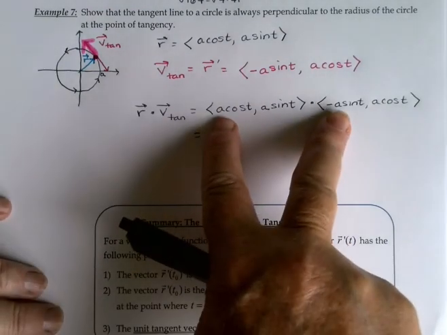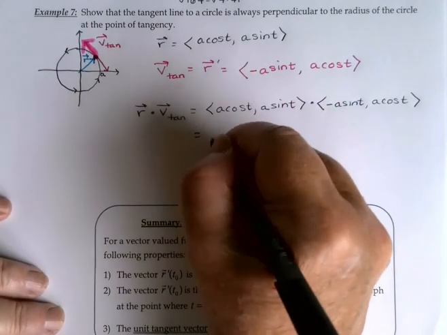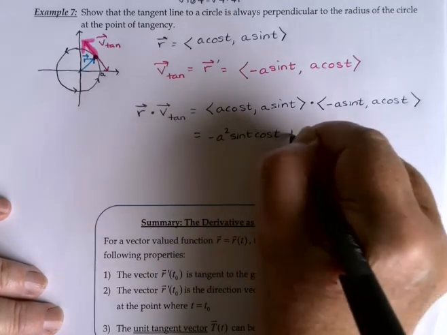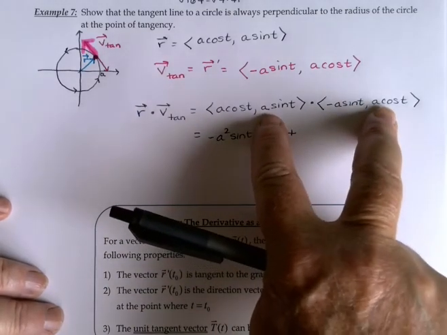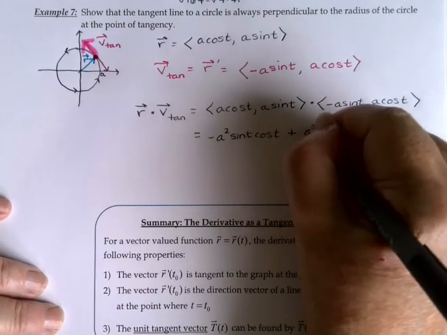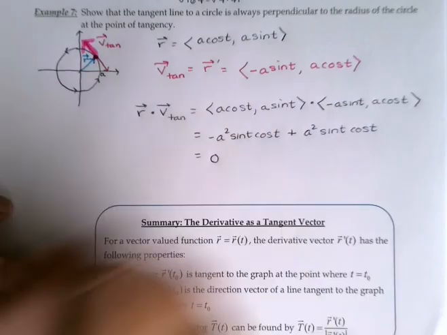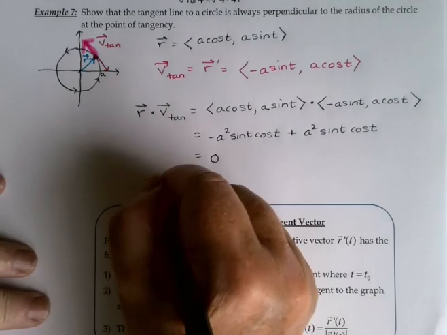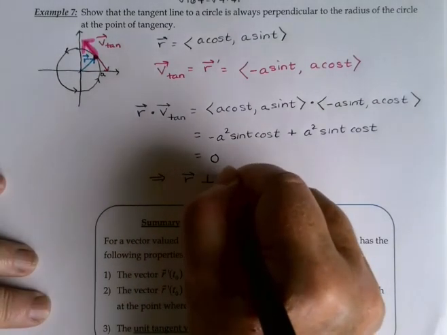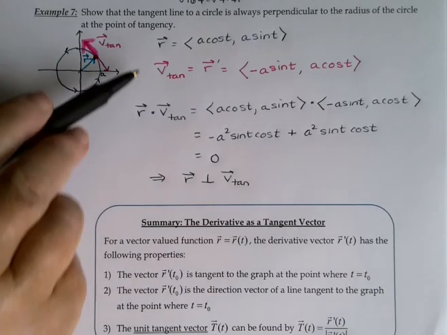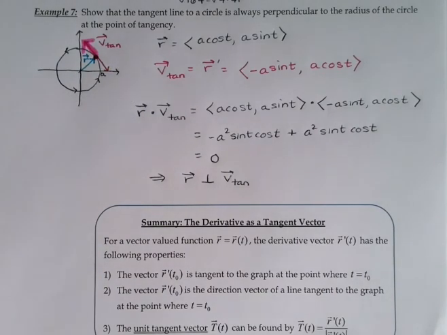And I'm going to get a negative a squared sine t cos t plus a positive a squared sine t cos t, which of course does give me 0, meaning that r is perpendicular to v tangent. So we got exactly what we wanted there. We showed pretty easily, using vector calculus, that the radius and the tangent vectors are perpendicular.